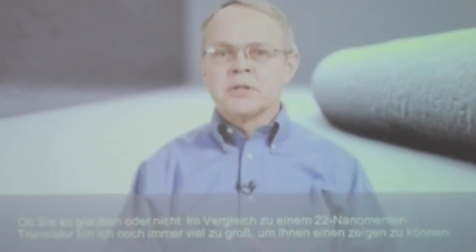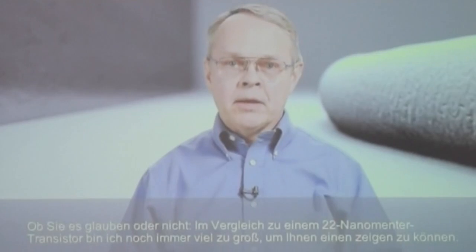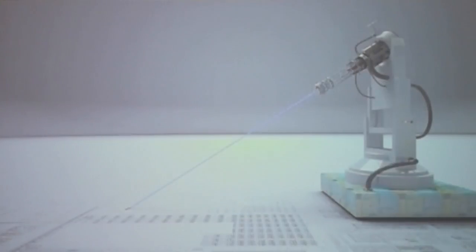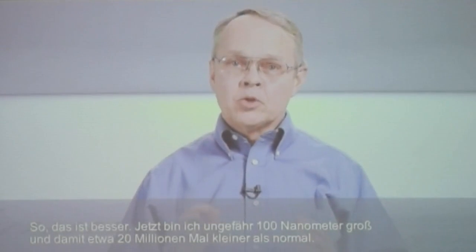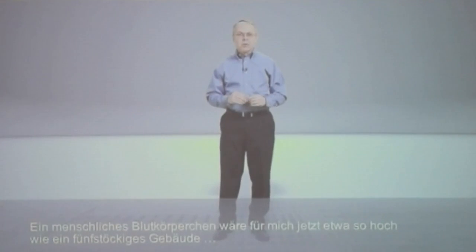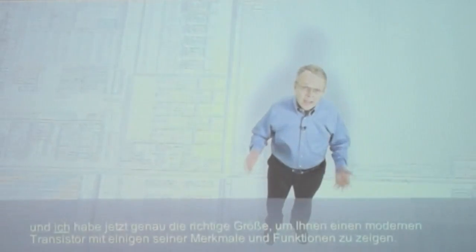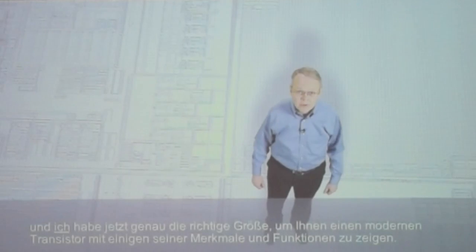Believe it or not, I'm still far too large compared to a 22 nanometer transistor to give you a meaningful demonstration. So, here we go again. Okay, that's better. I'm now approximately 100 nanometers tall, or about 20 million times smaller than my actual size. At this scale, a human red blood cell would be about as tall as a 5-story building, and I would be just the right size to demonstrate some of the attributes and functions of a single modern transistor.